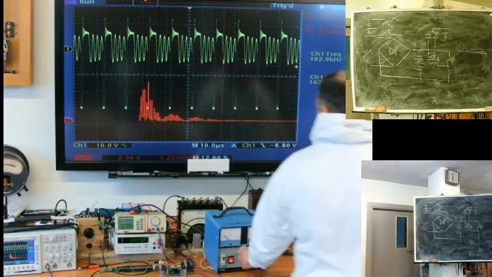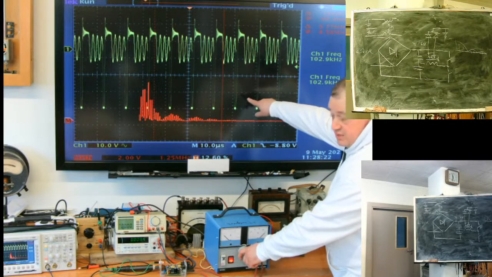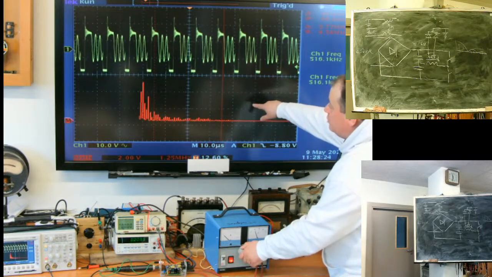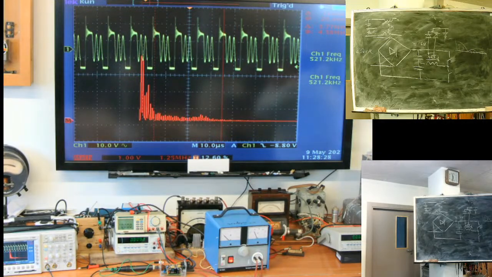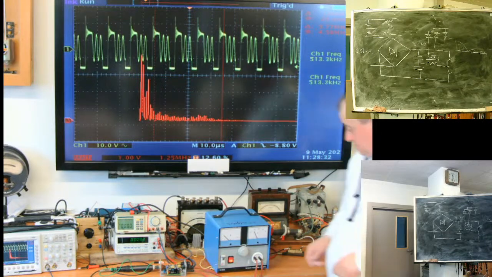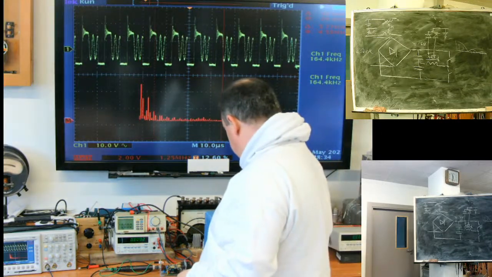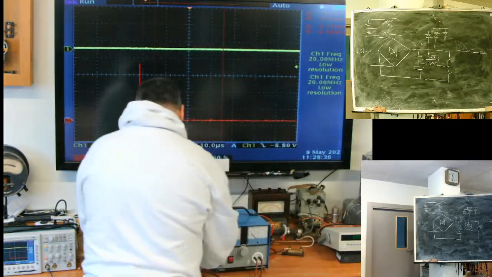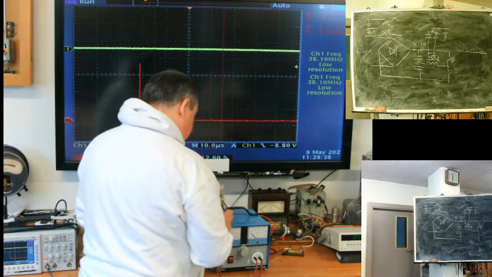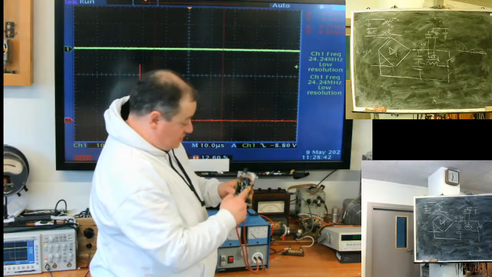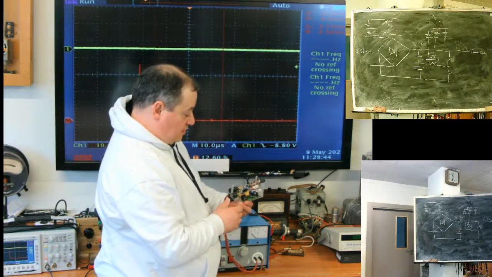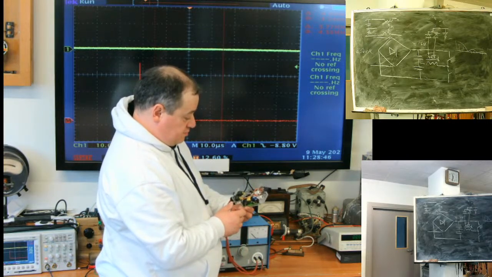See? Higher voltage, shorter pulses; lower voltage, longer pulses. The area of the pulse remains the same, the amount of energy this transformer receives remains the same. Everything under control.